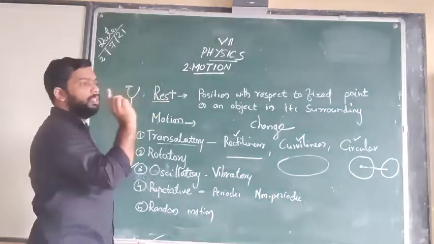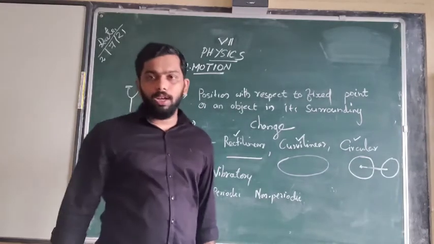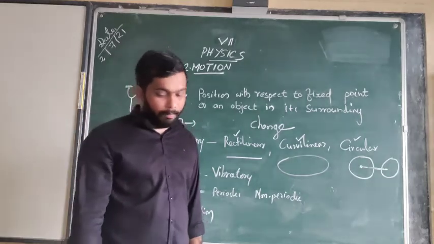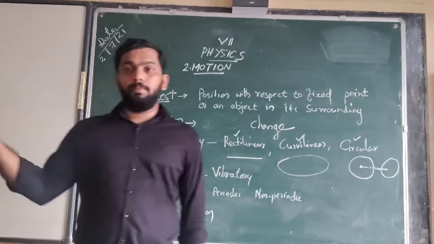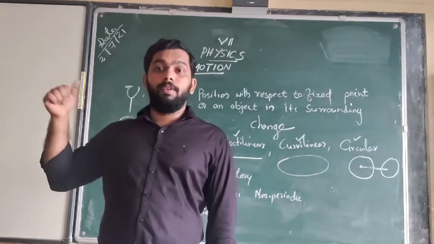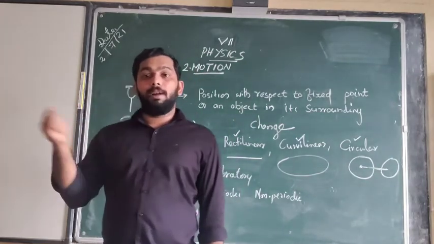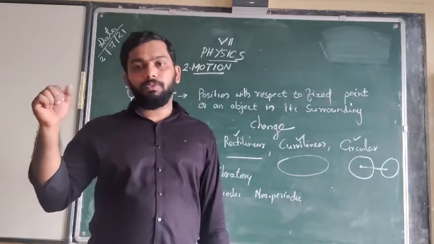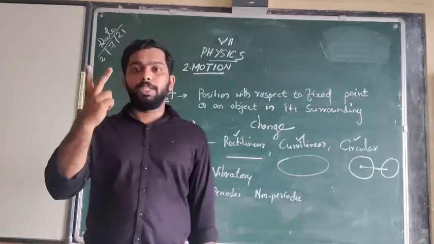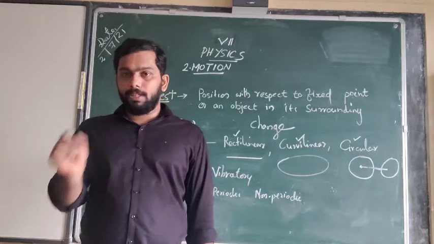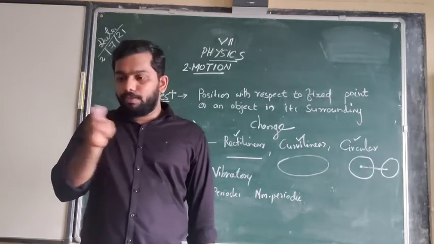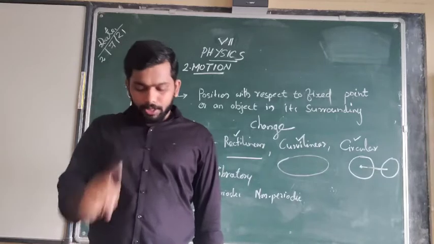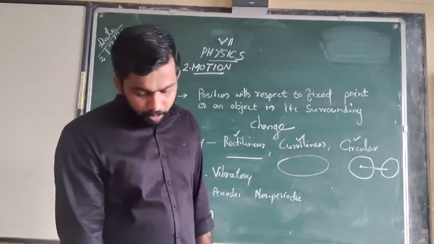This type of front and back motion is called vibratory motion, and it comes under oscillatory motion. One more example: in assembly time earlier, we used to hit a drum. When sound is produced, that side of the drum vibrates front and back. That is also an example of vibratory motion.